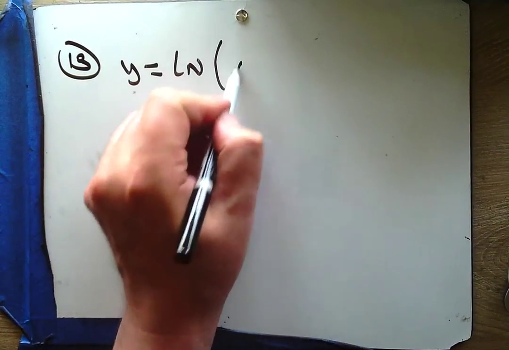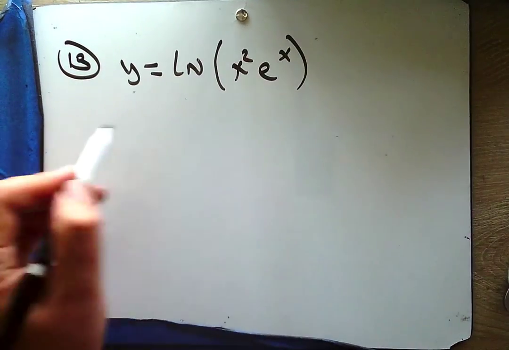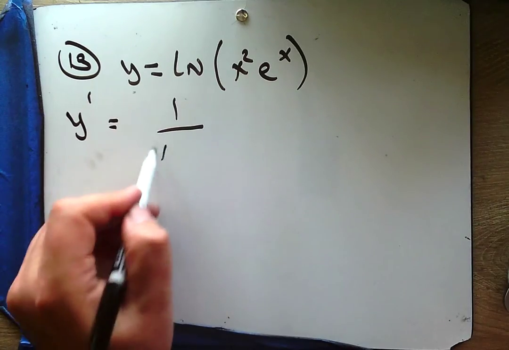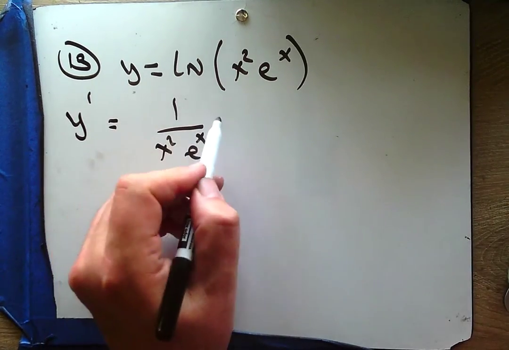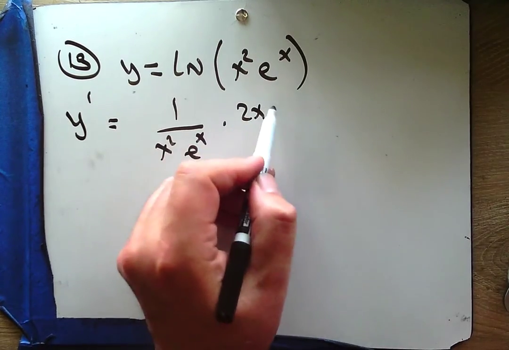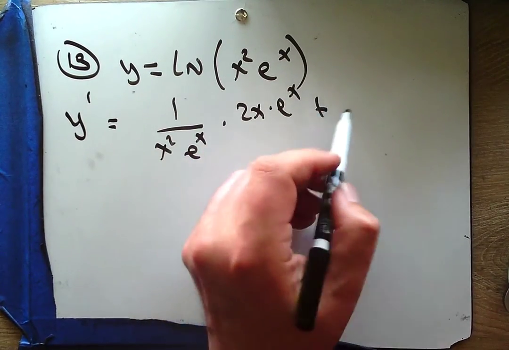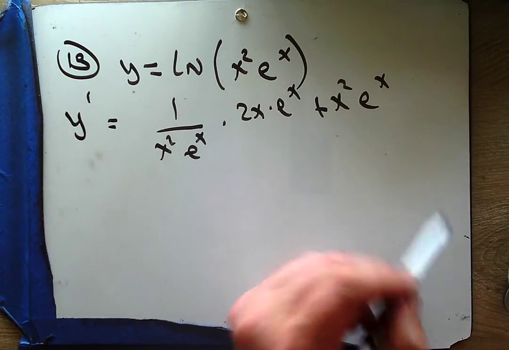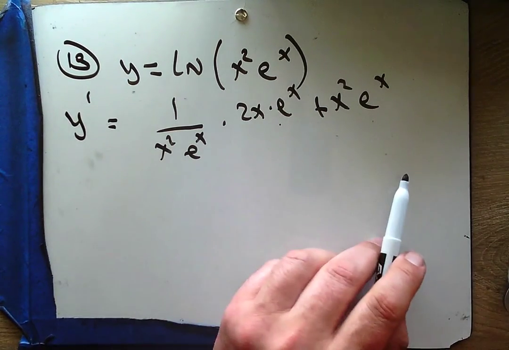18 says y equals the ln of x squared e to the x. So, derivative of ln of stuff is 1 over stuff times the derivative of stuff. Derivative of stuff requires product rule. I could factor out an x e to the x.